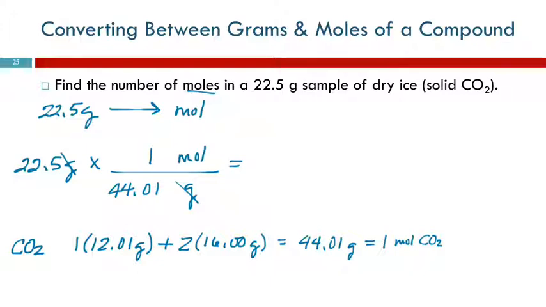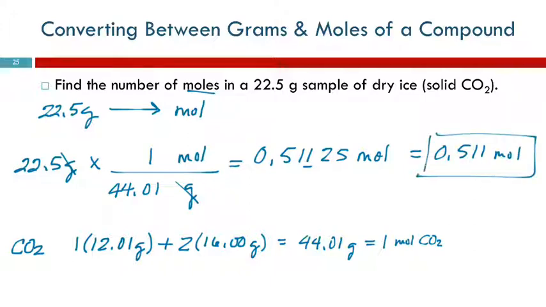I should have 3 significant figures: 0.511, write down 2 extras, and the unit is moles. When I round that, the number that I'm getting rid of, the 2, is less than 5, so I can round down: 0.511 moles. Any questions? This type of calculation is really, really important in chemistry.